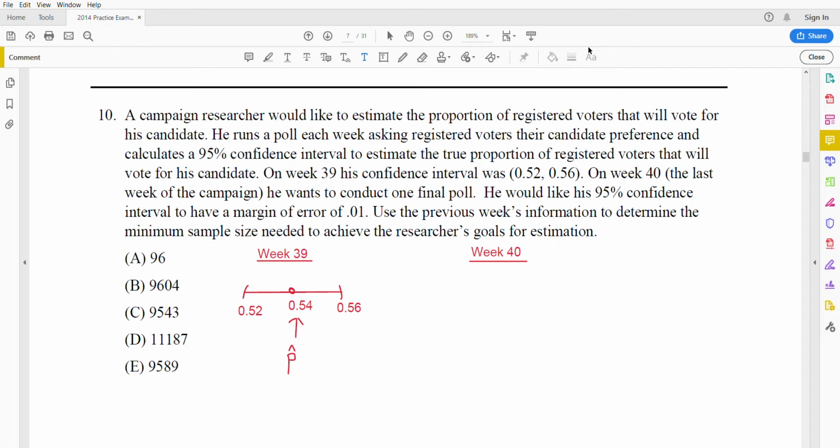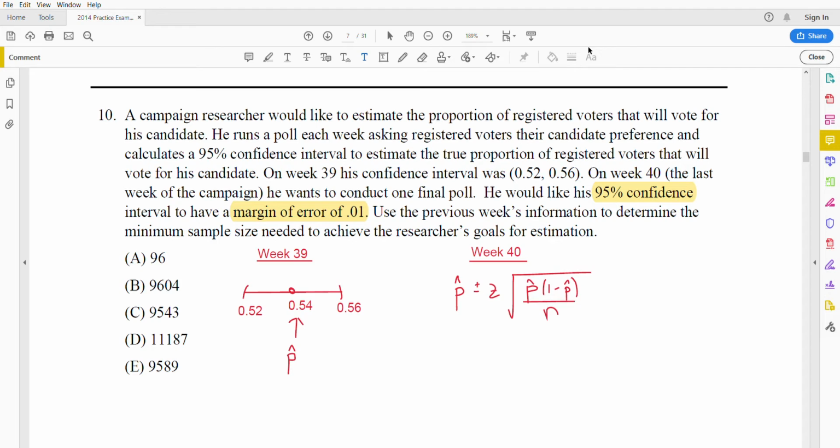Okay, so let's take a look at week 40 now. And this is obviously a confidence interval about a proportion. So let's start with that formula, p hat plus or minus z-score times the square root of p hat times 1 minus p hat over n. And we want to have a margin of error of 1%, 0.01. The other thing we know is that it's a 95% confidence interval, and that's the hint as to what z-score to use.